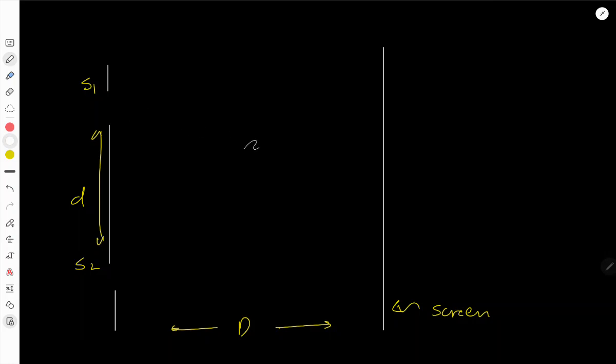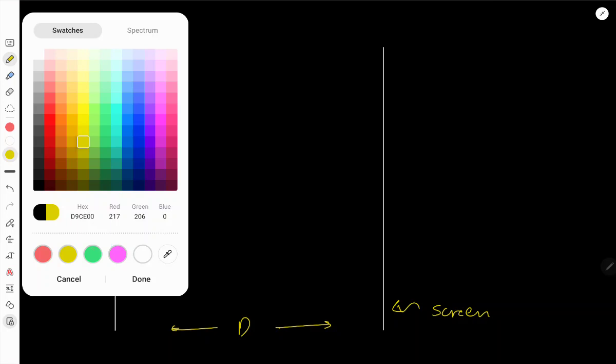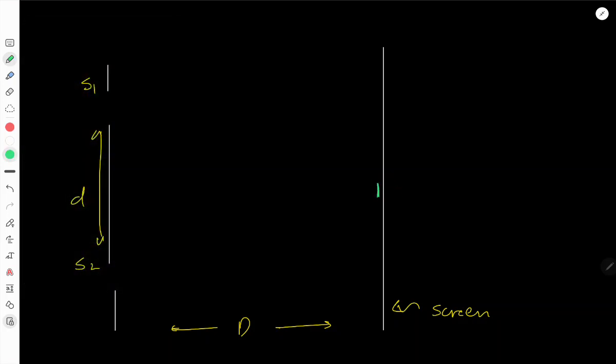Now the word I'm using is very important. So now I'm denoting the bright spots like this. This is a bright spot. Again, this is a bright spot. Again, this is a bright spot. Something like this interference pattern was observed.